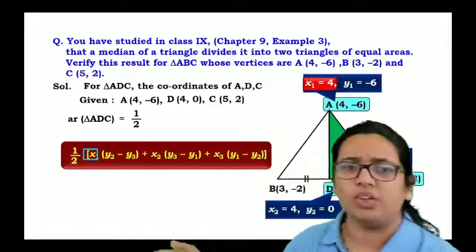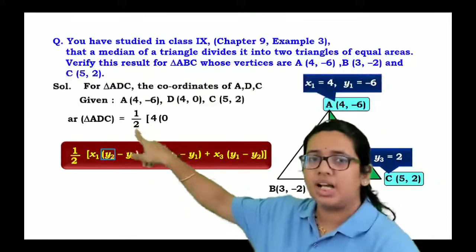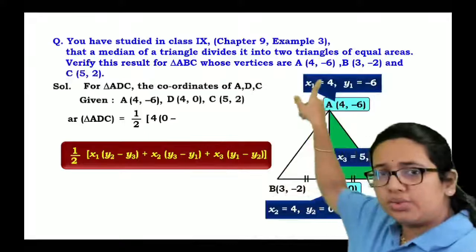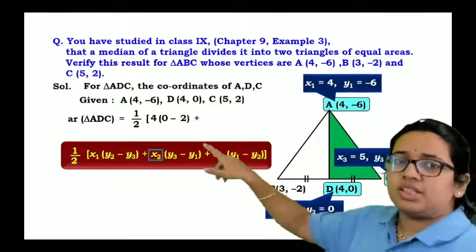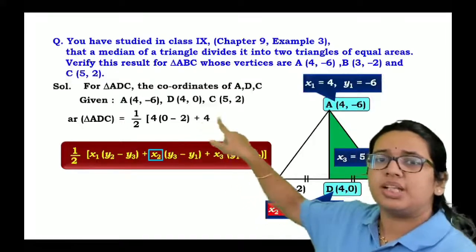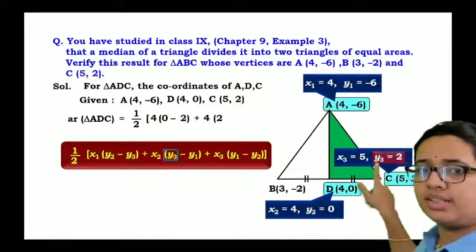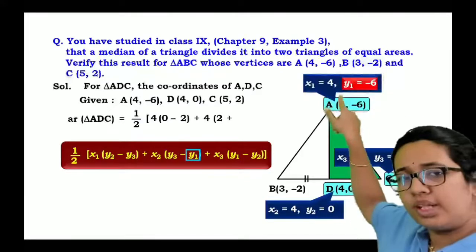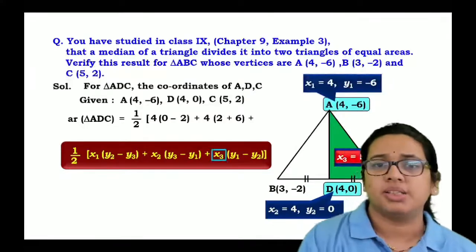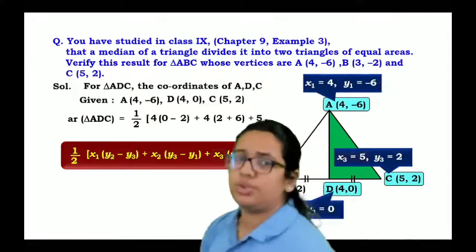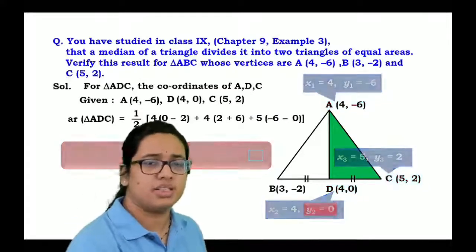Hence, we have this formula, so we can write the area of the triangle ABC is half of x1 into (y2 minus y3) which is nothing but 0 minus 2, plus x2 into (y3 minus y1), that is 2 minus of minus 6, so minus of minus 6 is nothing but plus, plus x3 into (y1 minus y2) that is minus 6 minus 0.